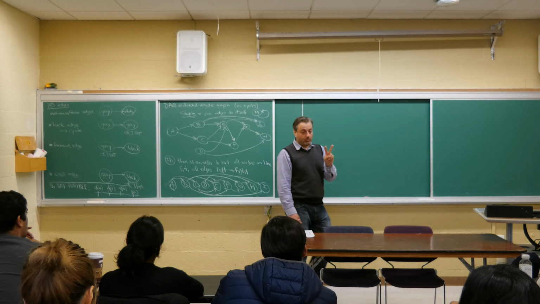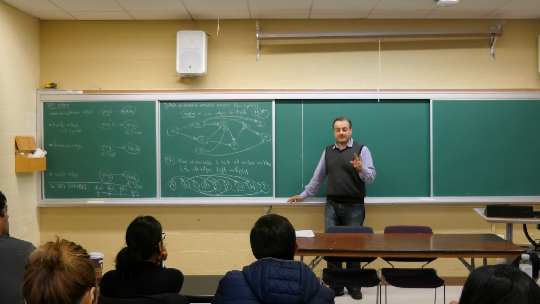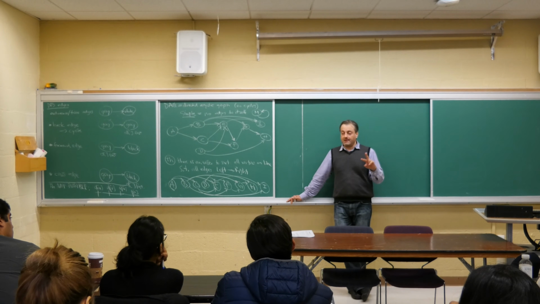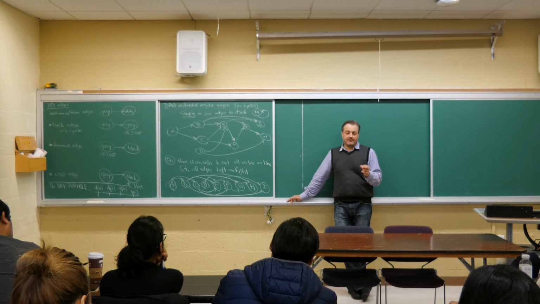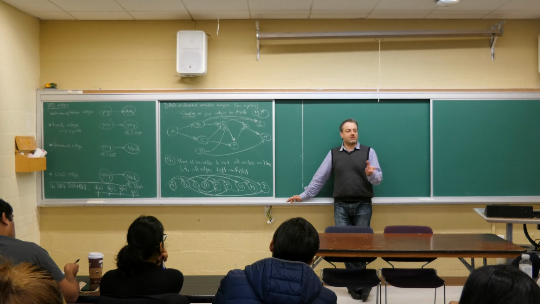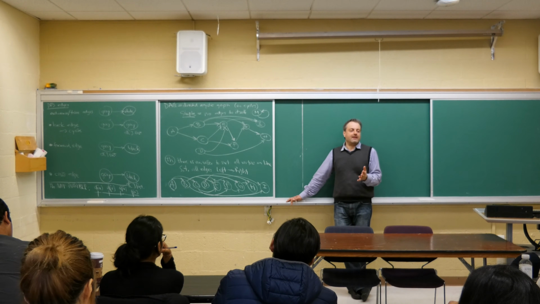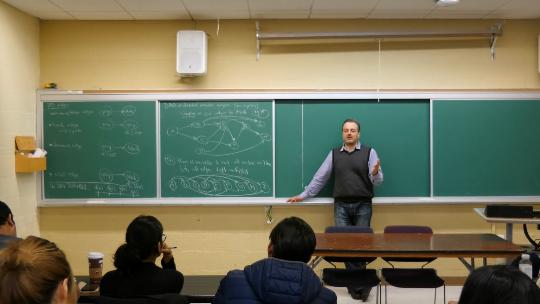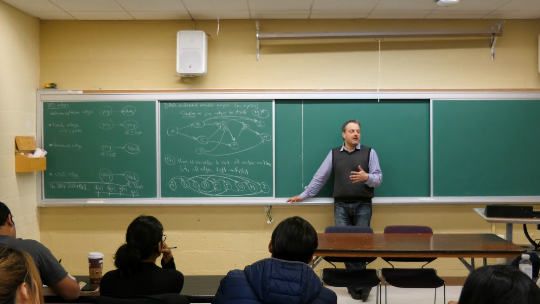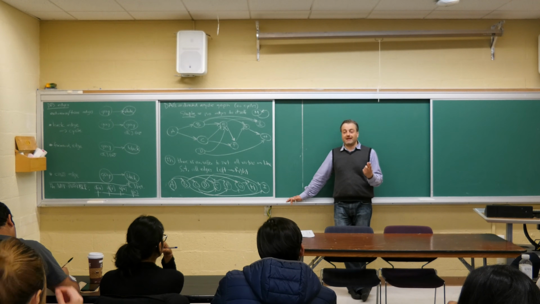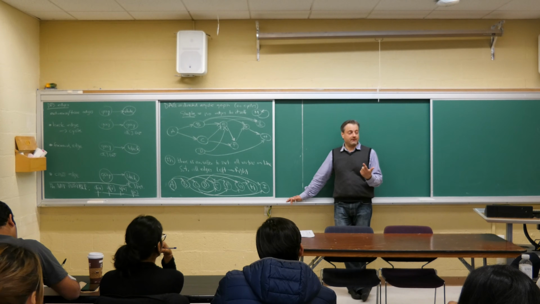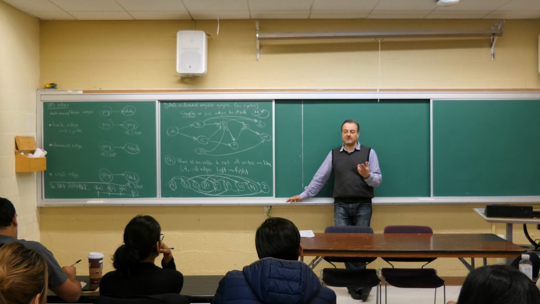In graphs, we have two parameters and we want to keep them separate, V and E. If we say N, we mean the size of V, but most graph algorithms are written in terms of V and E. So we don't say N, we say V and E. E is the number of edges, V is the number of vertices. In a connected graph, E must be at least V minus 1, and the maximum size of E is V squared.